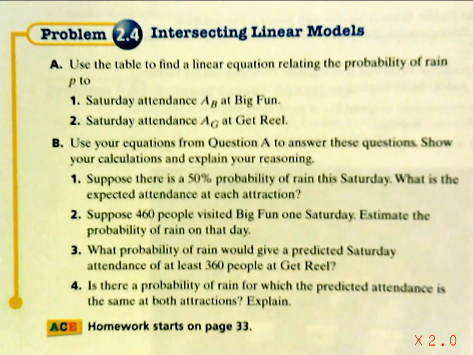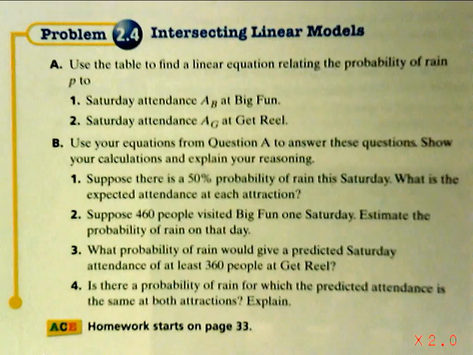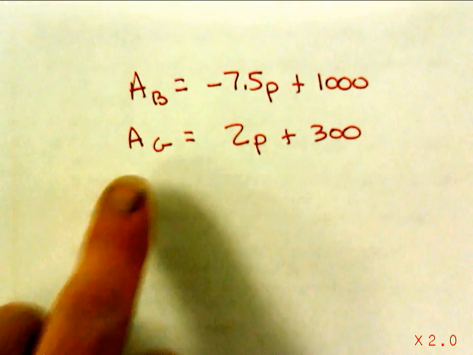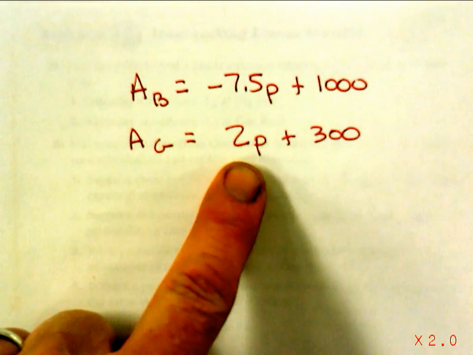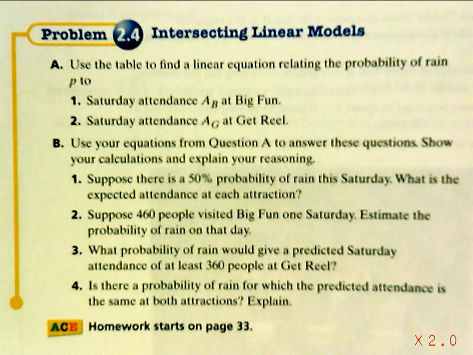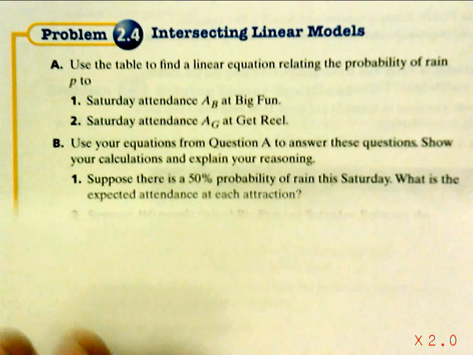people at Get Real. So we need to use the Get Real equation, and that will tell us that the Get Real equation says 2 times the probability of rain plus 300. Now in this case we want at least 360 people.